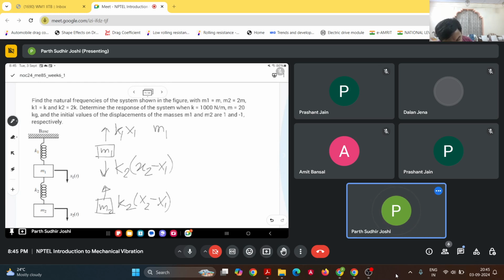So now we have the free body diagram, and we can write down the equations of motion. Basically m1 x1 double dot. Here there is no damping, so it's relatively simpler to derive the equation.